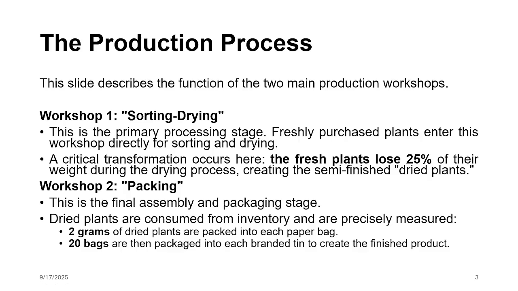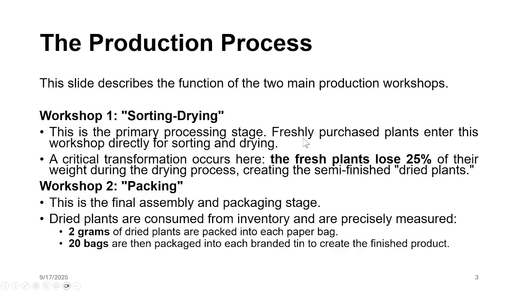You can see here the production process of the company. The company produces the product at two main production workshops. The first workshop is named sorting and drying. This is a primary processing stage.